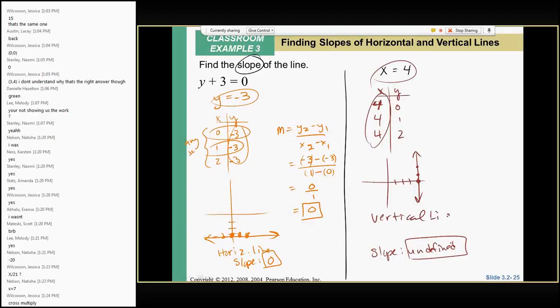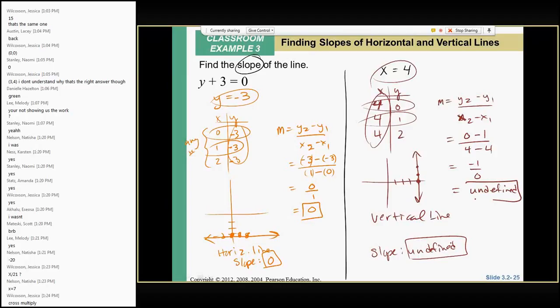But you could also use your slope formula. So your slope formula, we're going to go with maybe these 2 points. Your y's are 0 minus 1 over 4 minus 4. So you get negative 1 over 0, and anything over 0 is undefined.